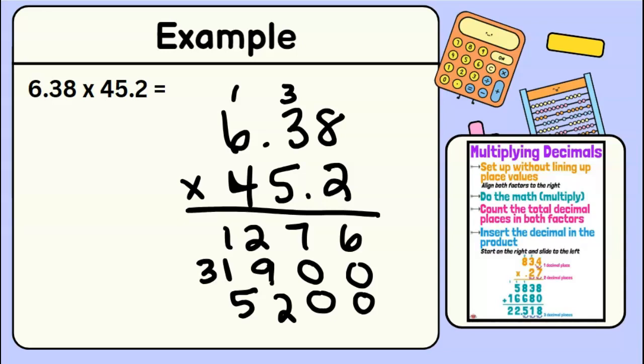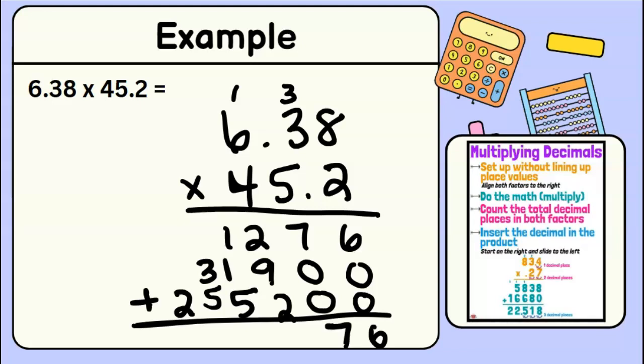Plus 1 is 25. I'm going to add all of these up. I have a 6, 7, 9 plus 2 is 13. Carry my 1. 5 plus 1 plus 1 plus 1 is 8. 5 plus 3 is 8. And my 2.